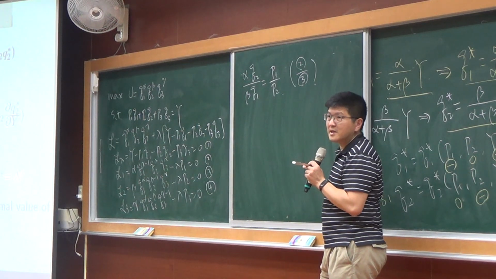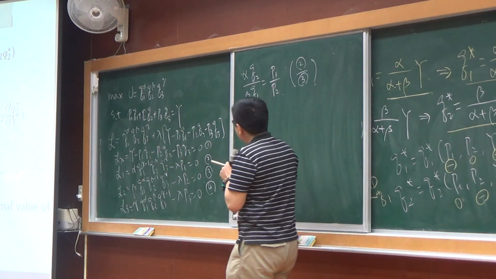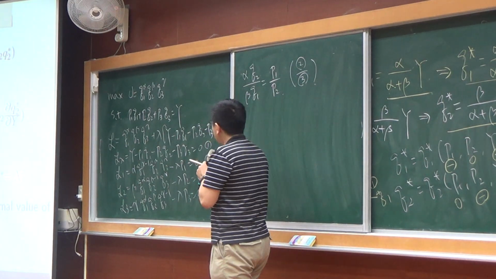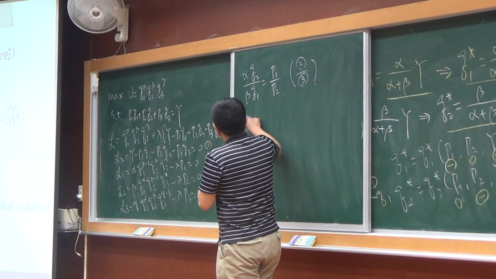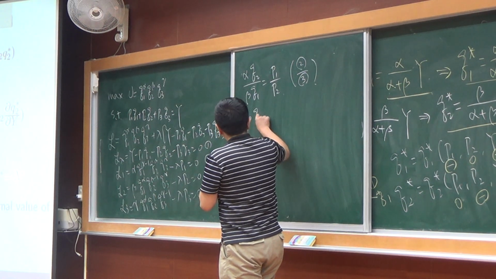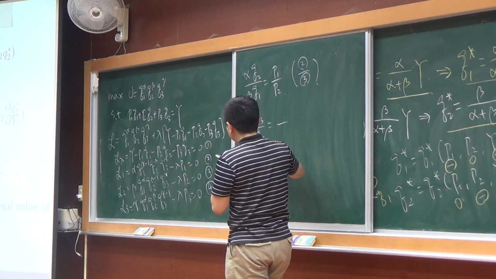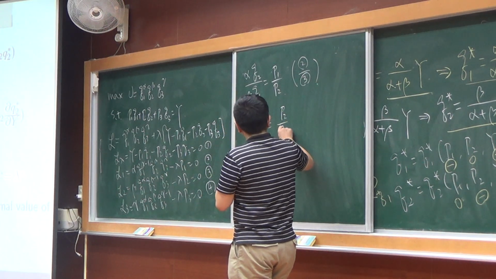Is that okay? All right? And what about 3 and 4? We will have beta Q3 over gamma Q2, which will be P2 over P3.